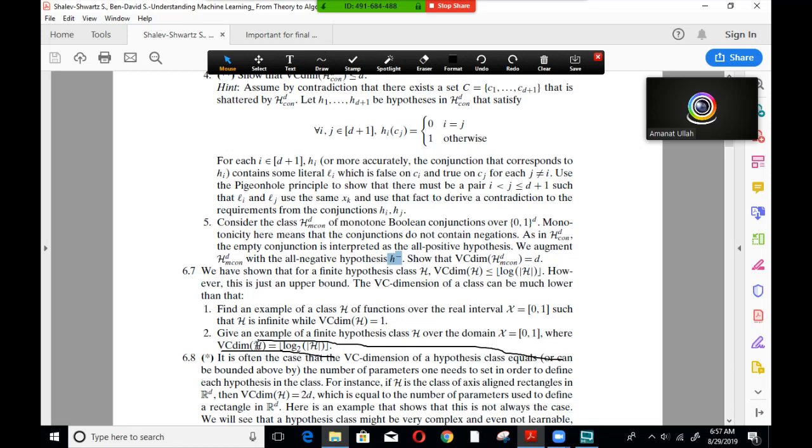So we can give any example we want here.